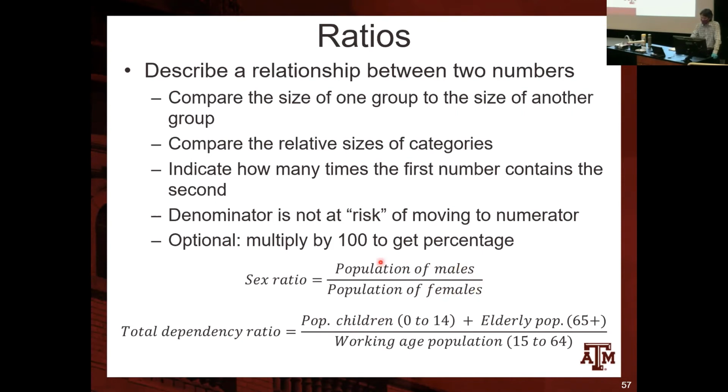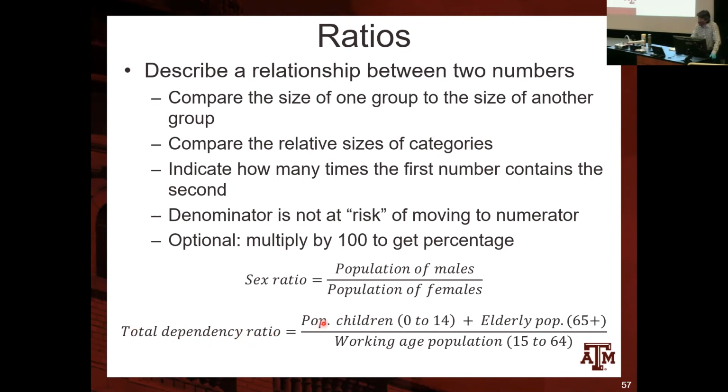And because this number can get a little difficult to understand if it's just one number divided by the other, usually people like to multiply by 100. In a specific year, in a specific country, people can have just a specific age. So I can estimate the total dependency ratio.